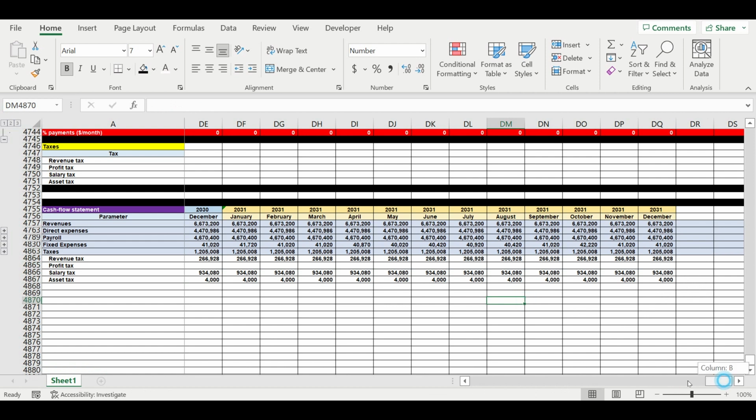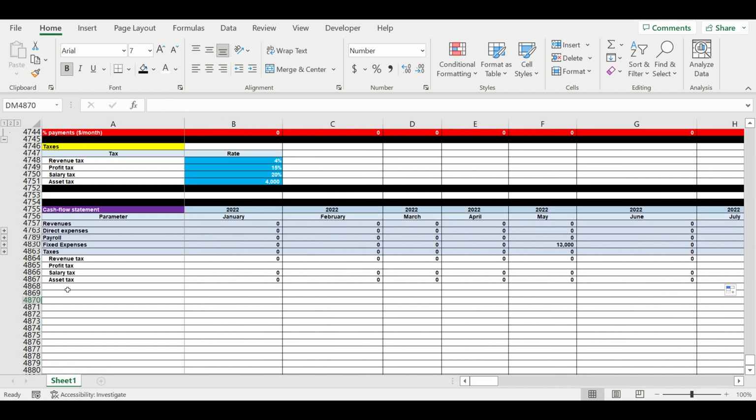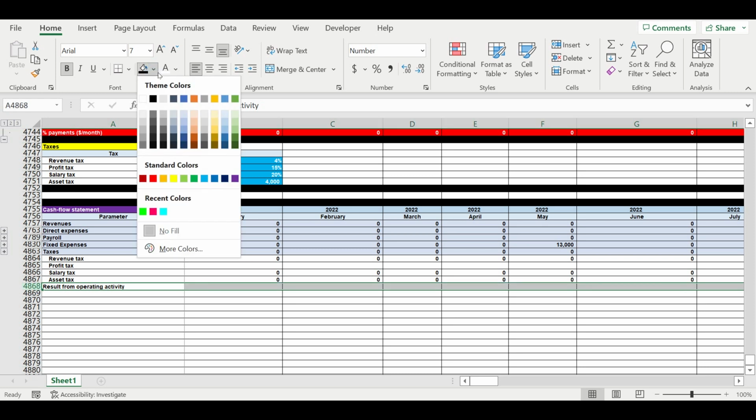Then taxes, then I create a new line called result from operating activity. So this is the first important line of our project, to see how our business idea breathes without external debt payments, like interest payments, principal payments, loan payments, and so on.